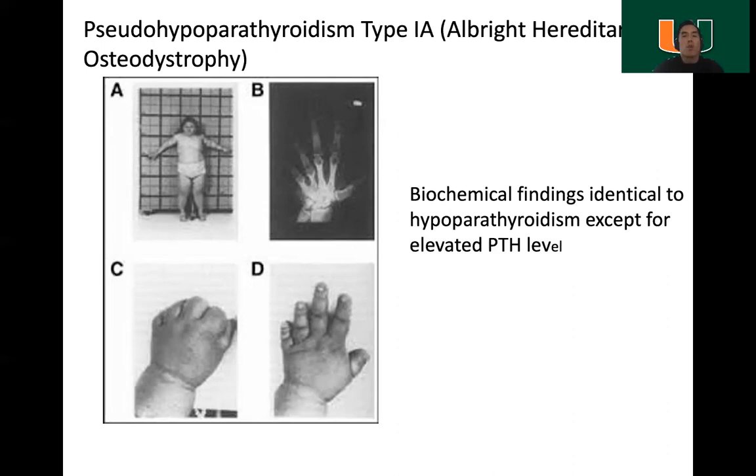These patients usually have short stature, they're obese, they have short stubby hands, and they have a short fourth metacarpal bone. One of the distinct features is a short fourth metacarpal or metatarsal bone. But when you talk about biochemical findings, it's identical to hypoparathyroidism except for elevated PTH.